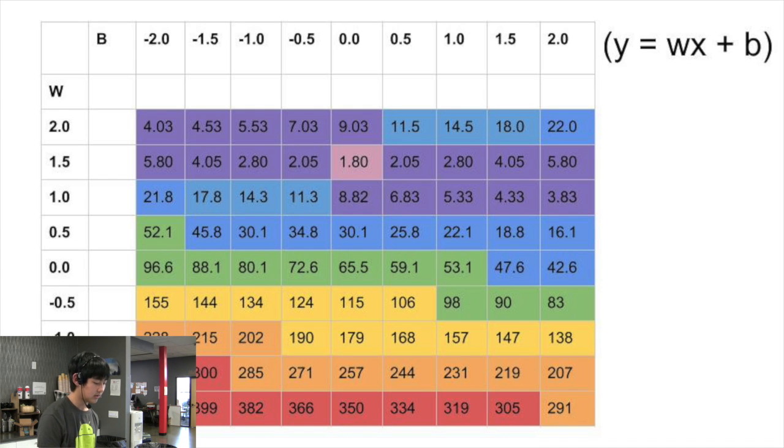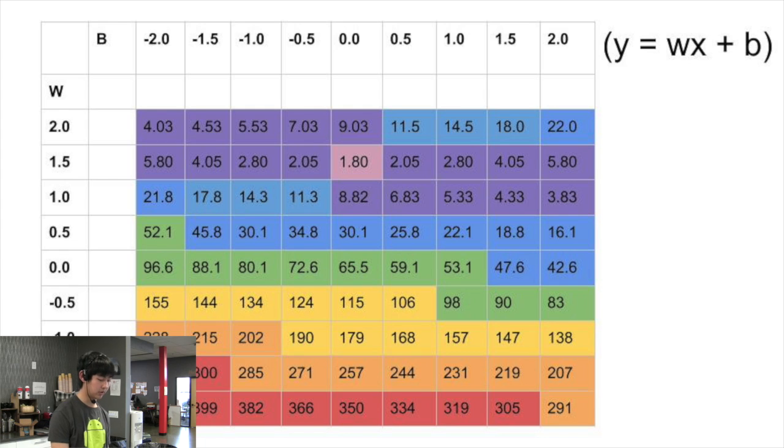So here we have loss plotted as height. This is a new data set, and maybe here a slope of 1 and a bias of -3 over here is a really good guess because it has a low height and therefore a really low loss.